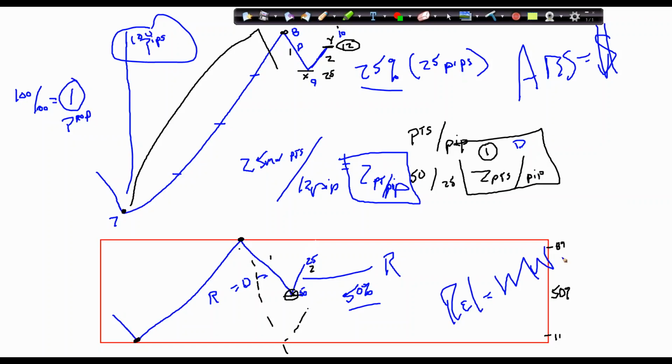And I'm just showing you, you should be able to see it. 8 to 9 was a 25 pip move, and I moved 50 points in multi-wave. 9 to 10, it moved 12 points, and I moved 25 points in multi-wave. The speed of these two is the same. If it looks like a duck and walks like a duck and quacks like a duck, it's a duck.